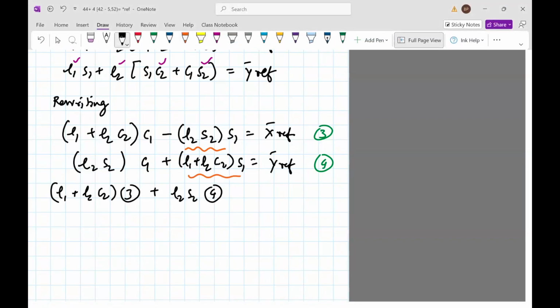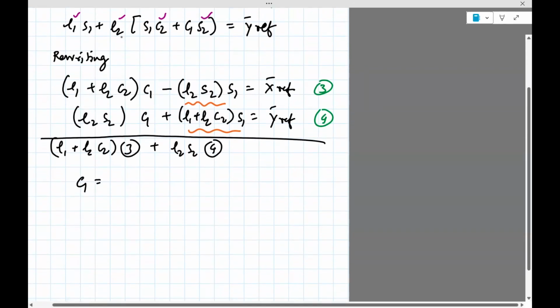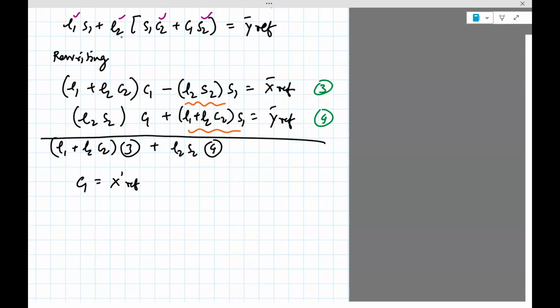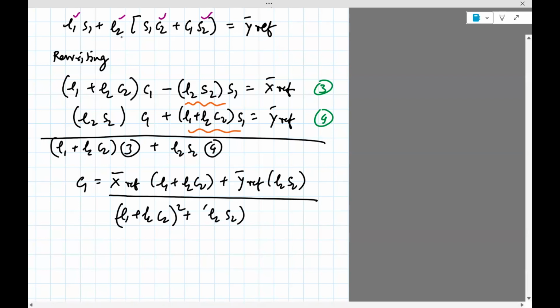So when you do this, you get C1 equals x bar ref times (L1 plus L2 C2) plus y bar ref times L2 S2, divided by (L1 plus L2 C2) squared plus (L2 S2) squared.